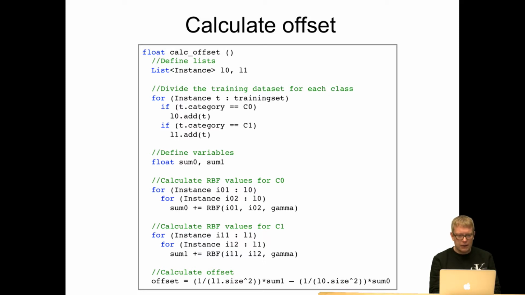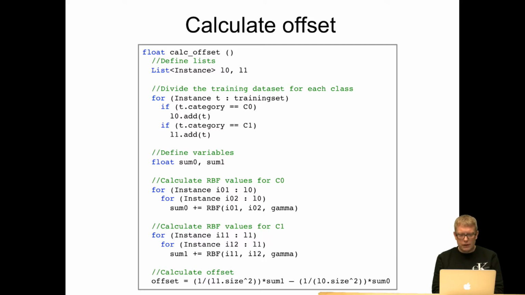And then we calculate the RBF values for category C0 by simply iterating over all training examples belonging to category 0 and then calculating the RBF values between all combinations. And we do the same for category 1, where we iterate over all training examples belonging to category 1 and calculate the RBF value for all combinations.